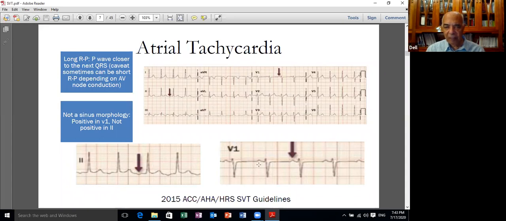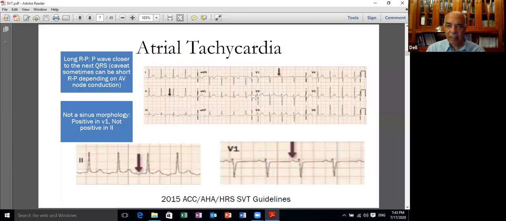Usually the P wave is either biphasic or more commonly negative in V1 because the sinus node is located in the right atrium, which is an anterior structure, and activates the atrium in an antero-posterior direction. As a result, a sinus P wave is negative in V1 and positive in the inferior leads. And as you see here, this is not sinus because it is positive in V1 and negative in the inferior leads.